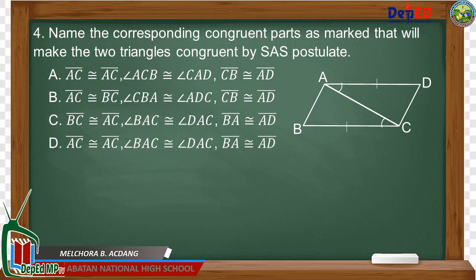Letter D. Line segment AC is congruent to line segment AC. Angle BAC is congruent to angle DAC, and line segment BA is congruent to line segment AD.